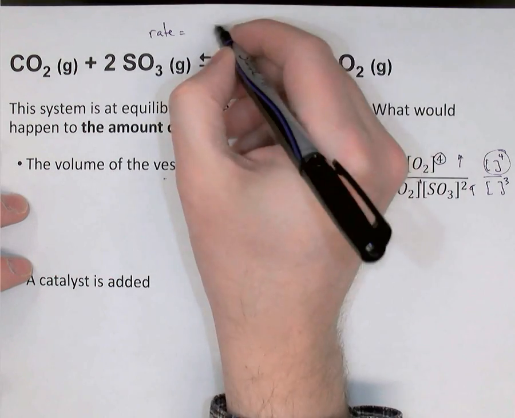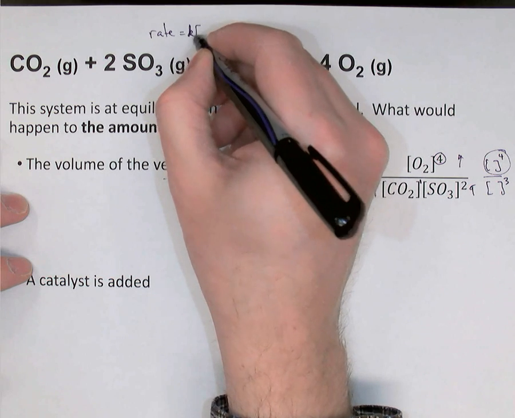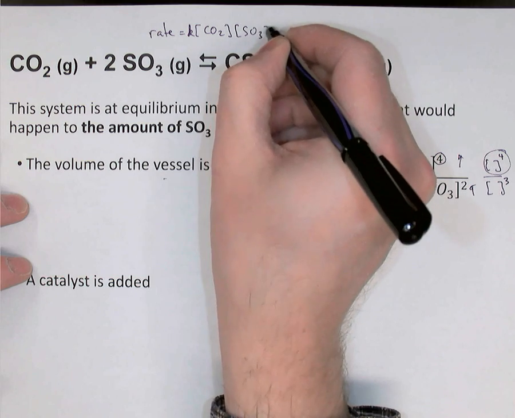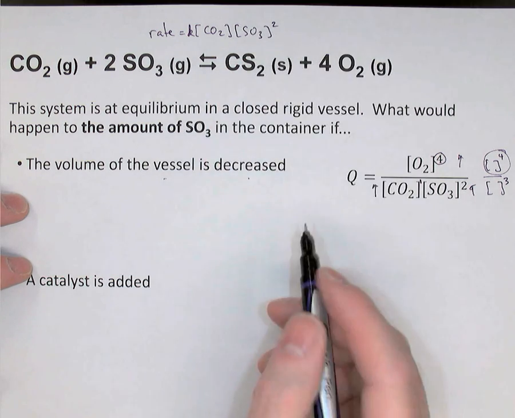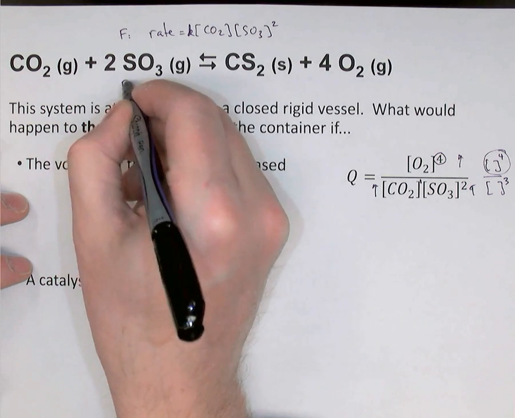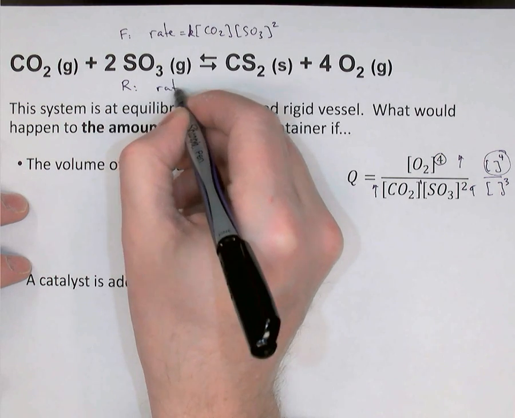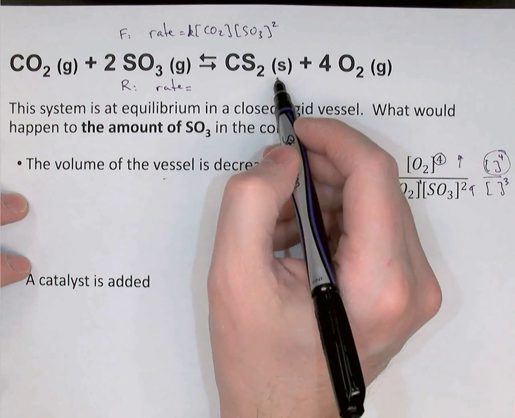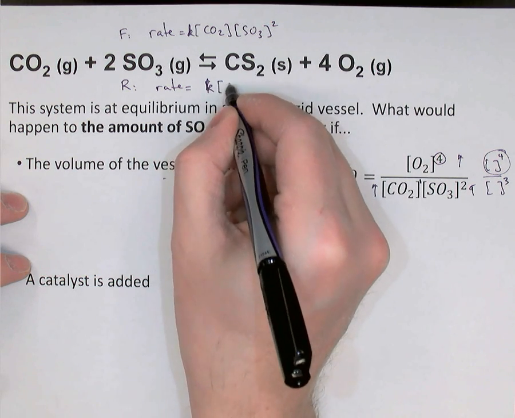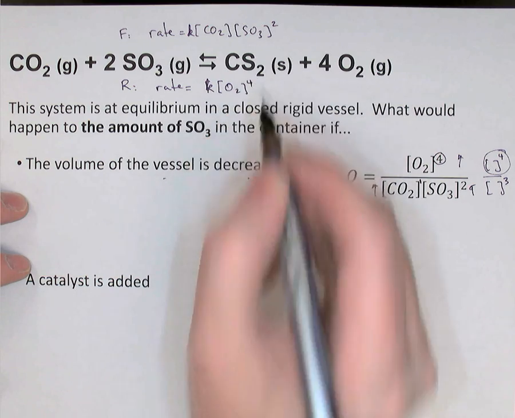You'd say that the rate is equal to a rate constant times CO2 times SO3 concentration squared. And for the reverse reaction, we'll leave out the solid, the rate is equal to a rate constant times concentration of oxygen to the power of 4.